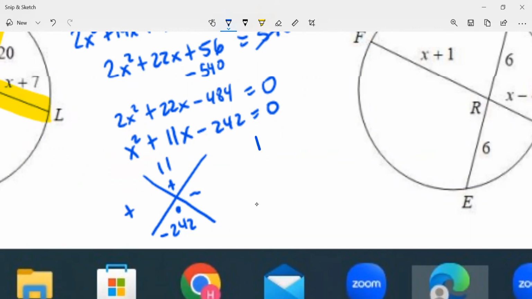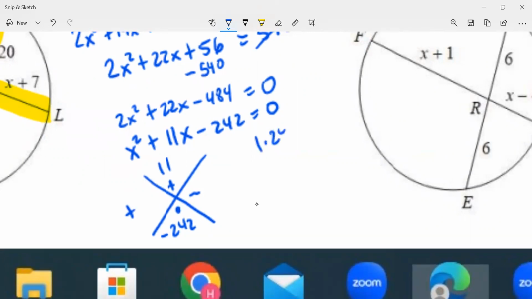I'm going to go 1 times 242. I know when the signs are different, I have to subtract. And I ask myself, when I subtract these numbers, is it equal to 11? No. Okay, how about 2 times 121? That is 242. When I subtract, no, not equal to 11.